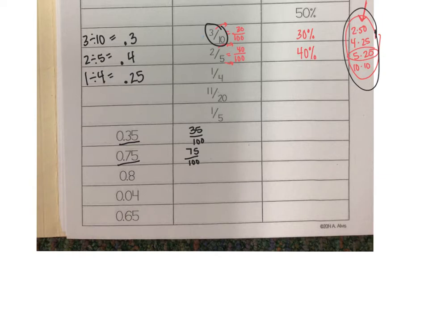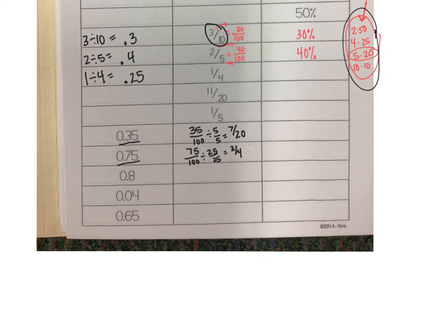When I have a decimal and I change it to a fraction, I simply read it out loud and I rewrite it. Now, I do have to do some simplifying. These both end in a 5 or a 0, so I can divide by 5. I get 7/20. This problem here, my GCF is actually 25, so I can divide by 25 and get 3/4.